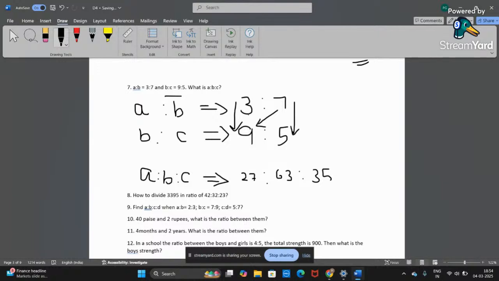That means to find A, 3 into 9. To find B, it is 7 into 9. To find C, it is 7 into 5. So that we'll get the answer in the form of A is to B is to C. This will be the answer. Make a note of this.